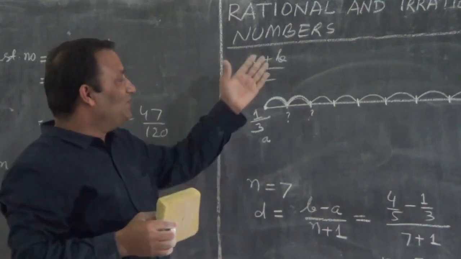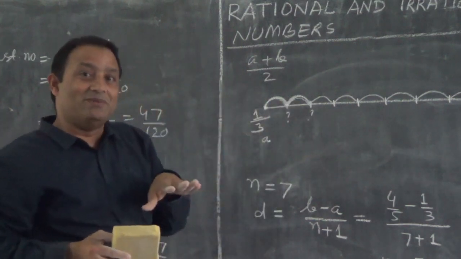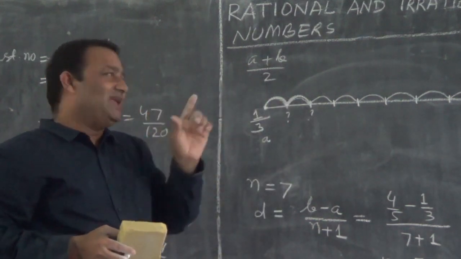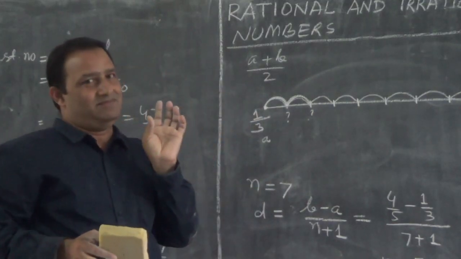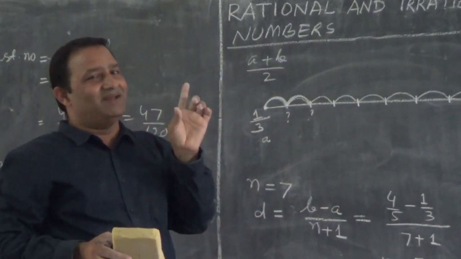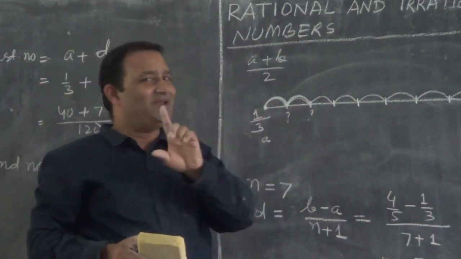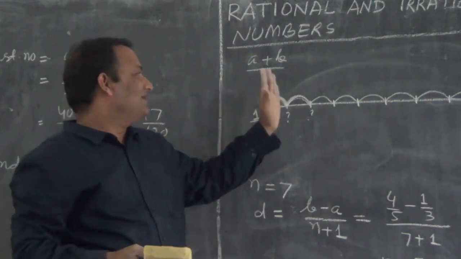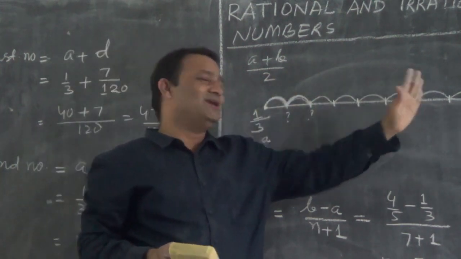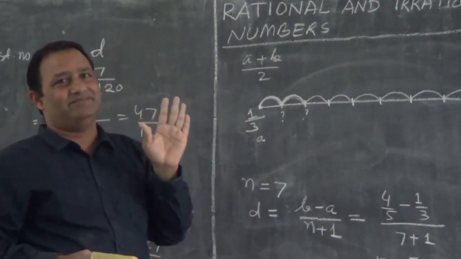I also told you to multiply the numerator and denominator by n plus 1. But the demerit of that method is that those rational numbers will not be at regular intervals. The gap between the numbers, the distance between the numbers, will not be the same at all.